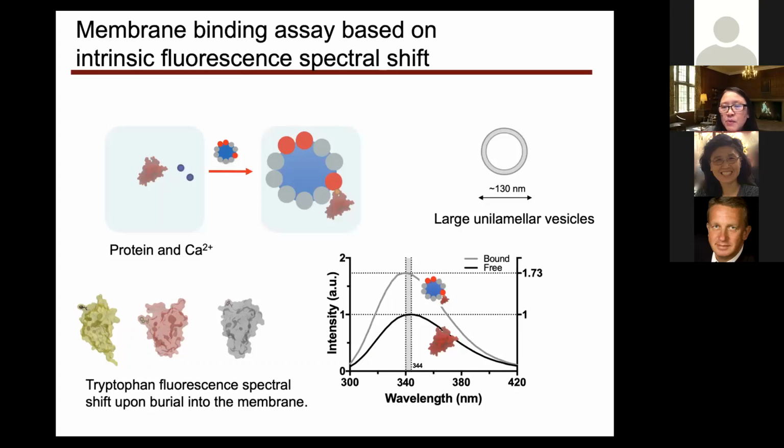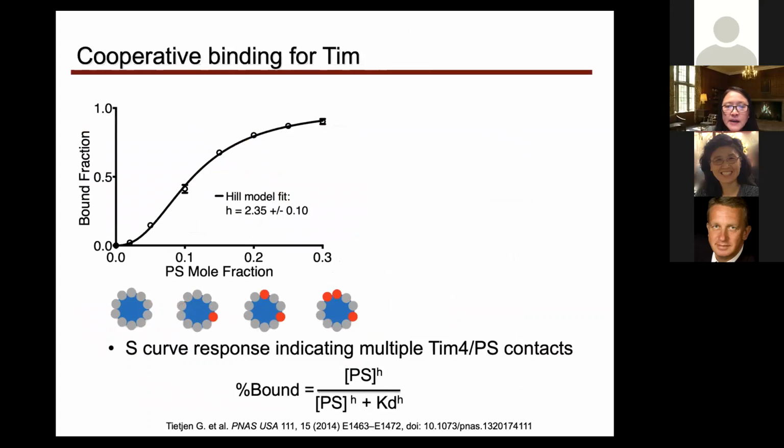The system that we use here is no longer a nanoparticle, it is a large unilamellar vesicle system. We look at how the bound fraction changes as we increase the PS mole fraction from 0 to 10 to 20 to 30%.